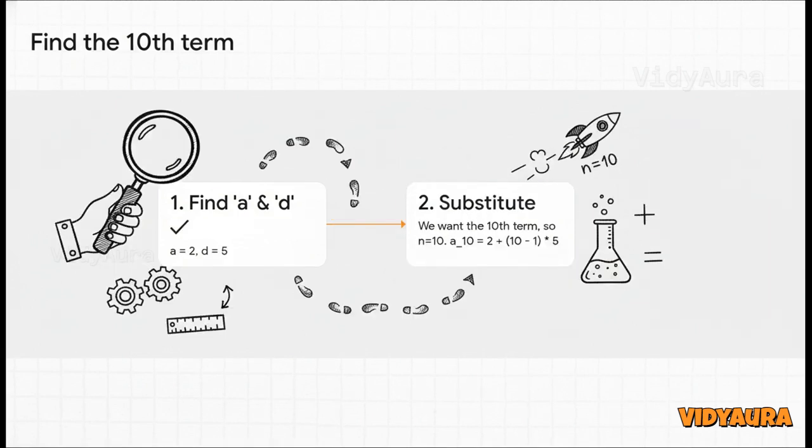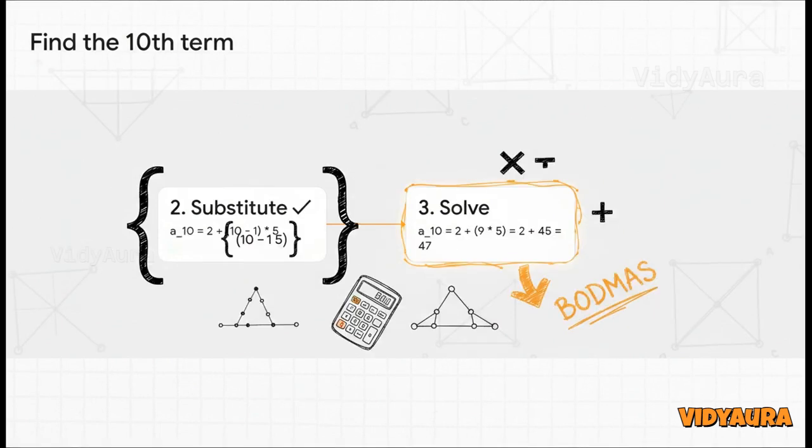Okay, step 2. We substitute these values into our formula. We're looking for the 10th term, so our n is 10. We already know A is 2 and D is 5. So we just plug everything in. A10 equals 2 plus, in brackets, 10 minus 1, times 5. And finally, step 3, we just solve it. Now remember your order of operations.